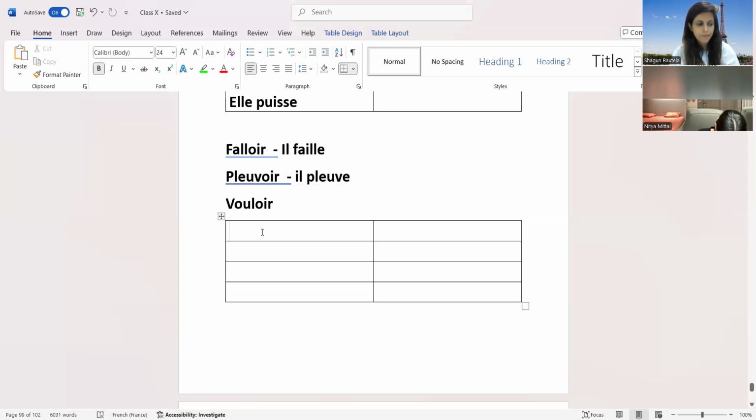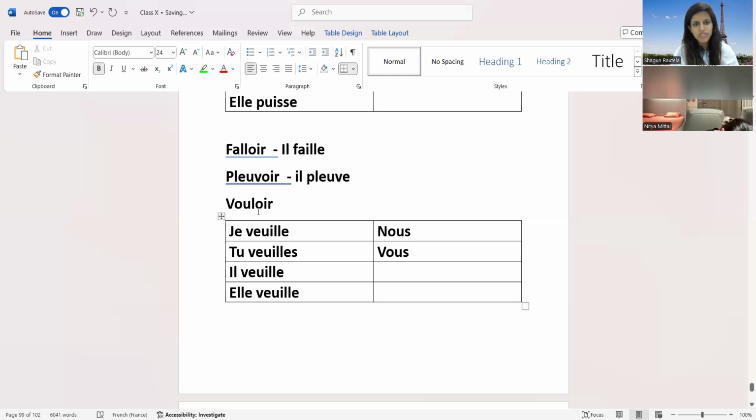I've reached vouloir. Okay, so let's just continue. Vouloir, the starting here is veuill. Again, veuill with ending es. And again, you'll understand one thing, that nous and vous are like the spelling of the verb, okay?